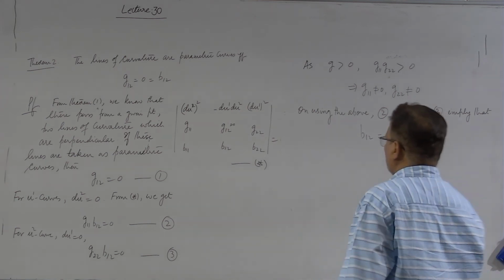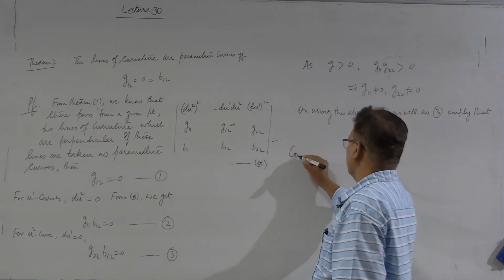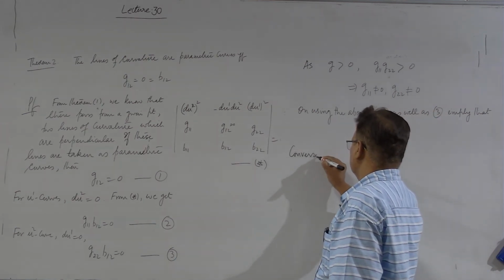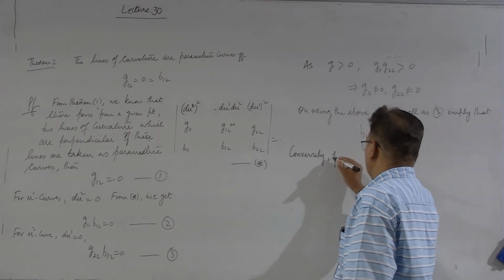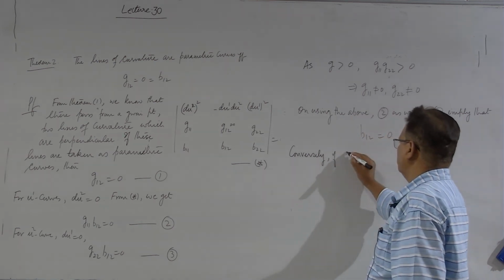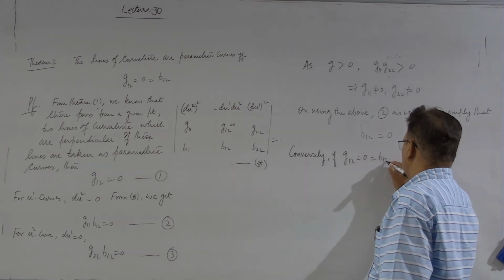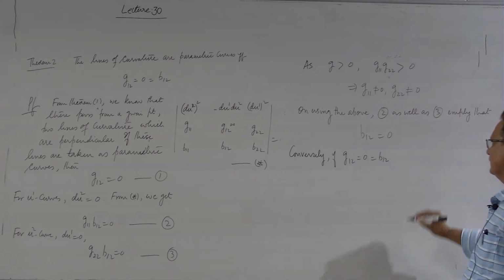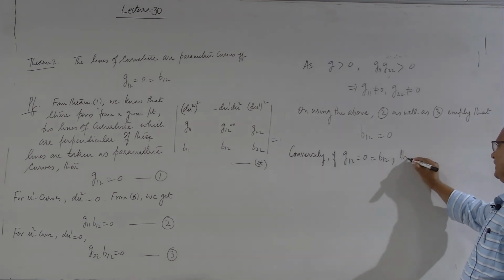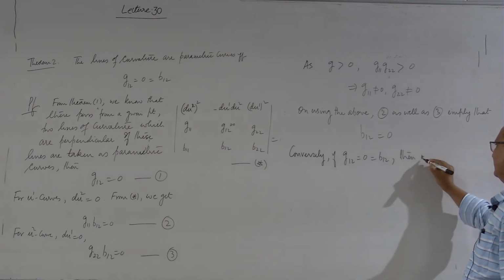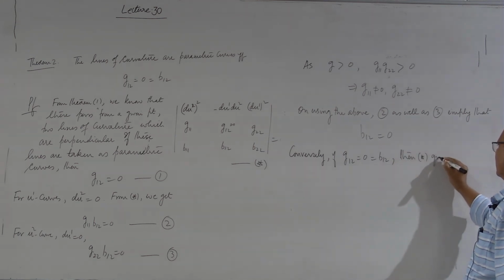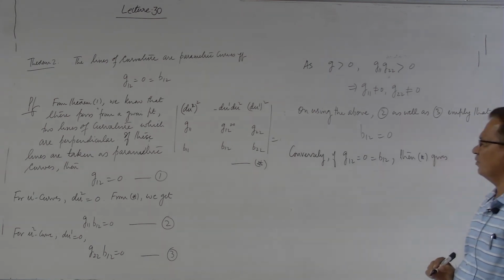So, conversely, if g12 and b12 are 0, then from star once again, what will star give you?